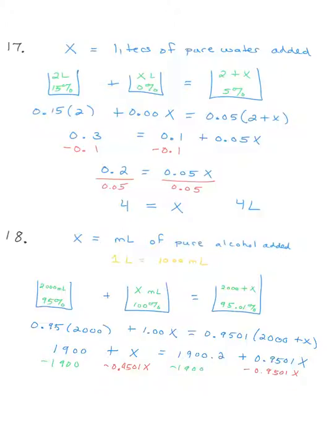And when I do this, okay, we get 0.0499x. That's 1 minus 0.9501. And that's equal to, okay, that's just 0.2. Dividing both sides by this amount.